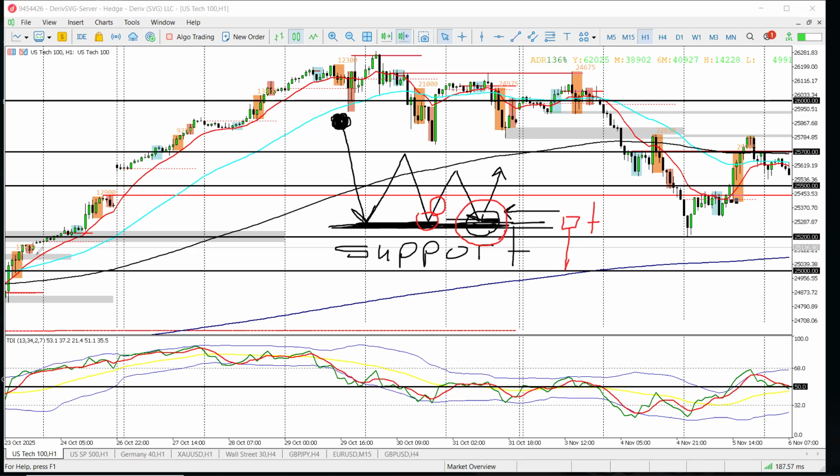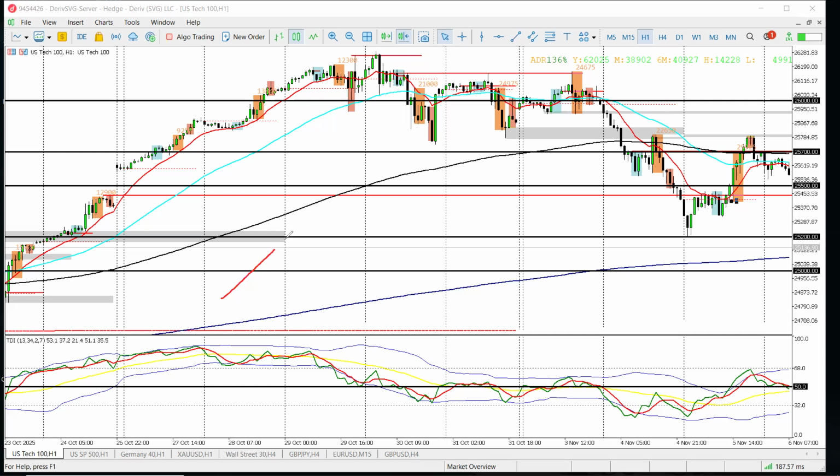Resistance is the same. If price is pushing up and it hits two levels, so you throw something, it hits the ceiling, comes down, comes up, hits the ceiling. What are the chances that if price comes back to that same level, it's going to drop?